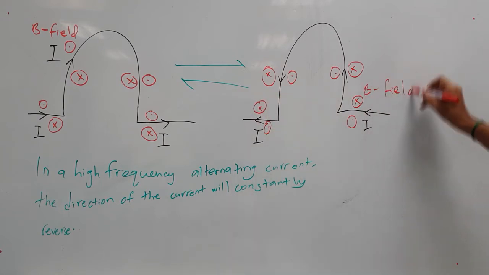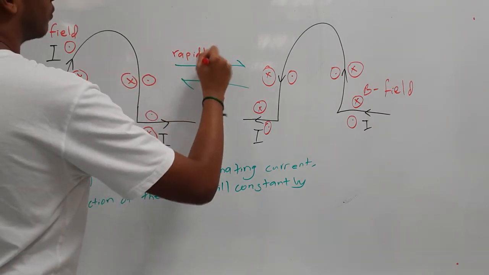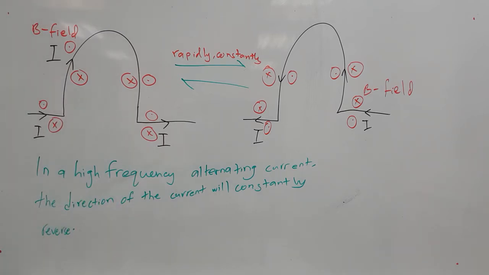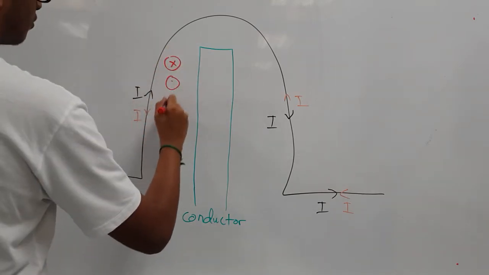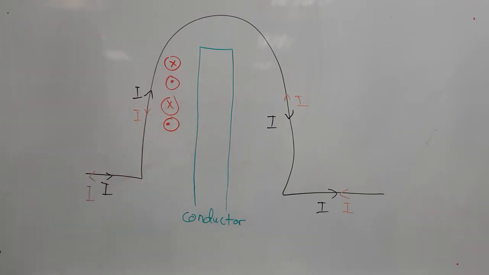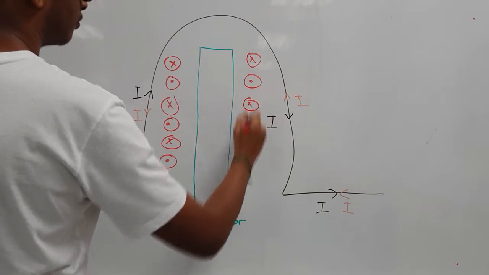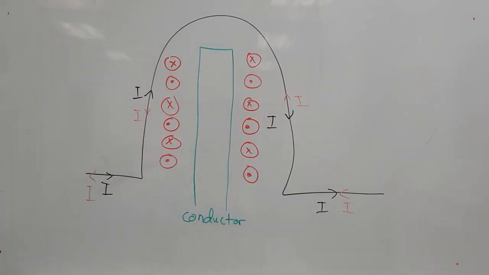On the other hand, in the other loop of wire, when current moves from right to left, we can use the right hand grip rule to determine that the magnetic field inside the loop of wire is moving out of the page. Therefore, the direction of the magnetic field will continuously reverse due to this change in direction of current every few seconds.